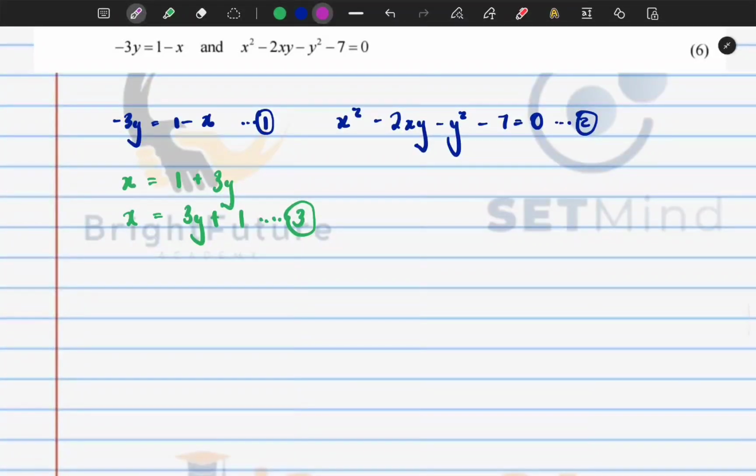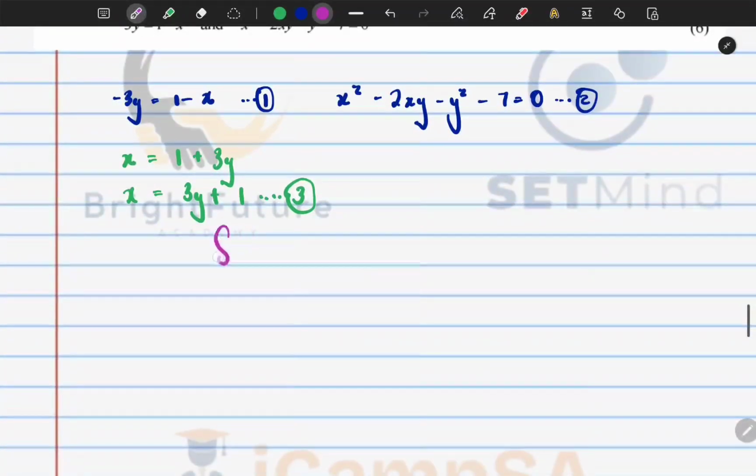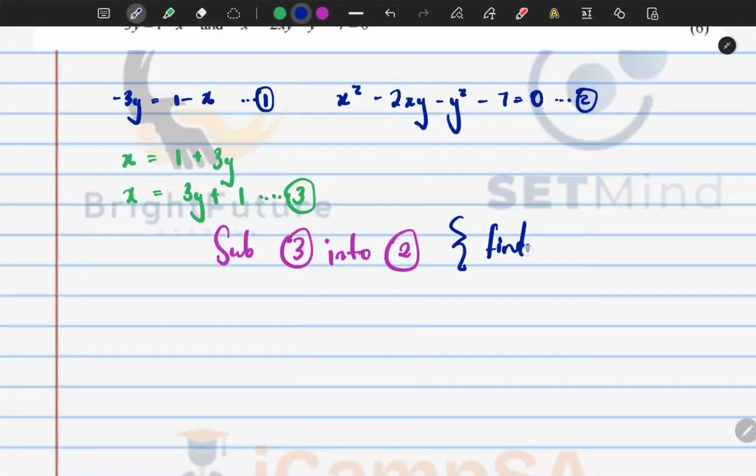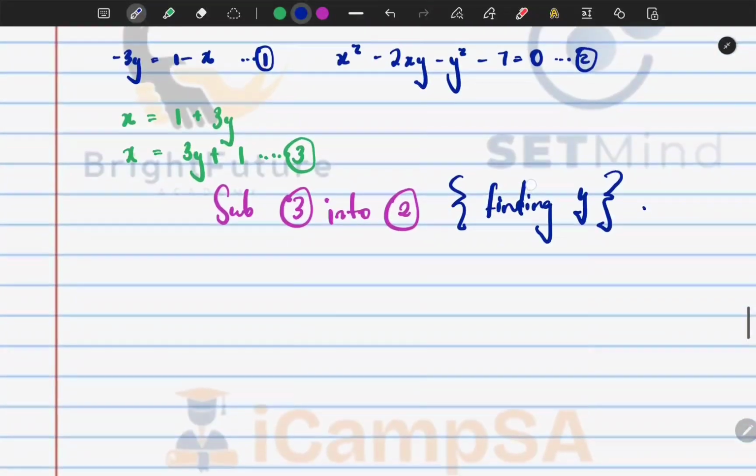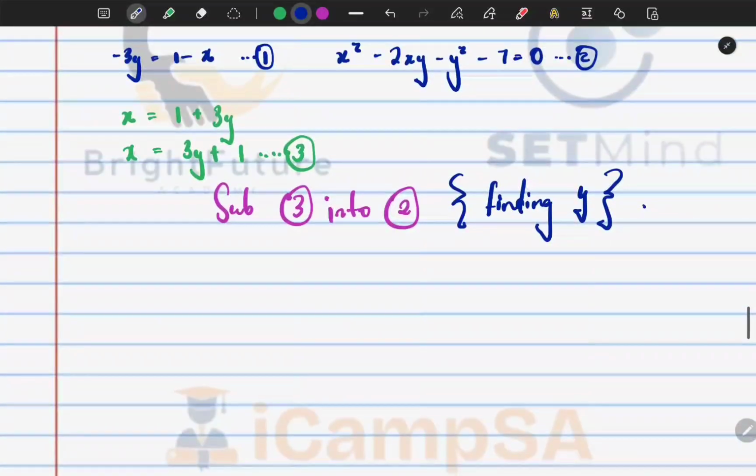So what I'm going to do is I'm going to substitute equation 3 into equation 2, right? So I do this with the intention of what? Of finding y, right? So wherever I see x, I'm going to substitute this into that.